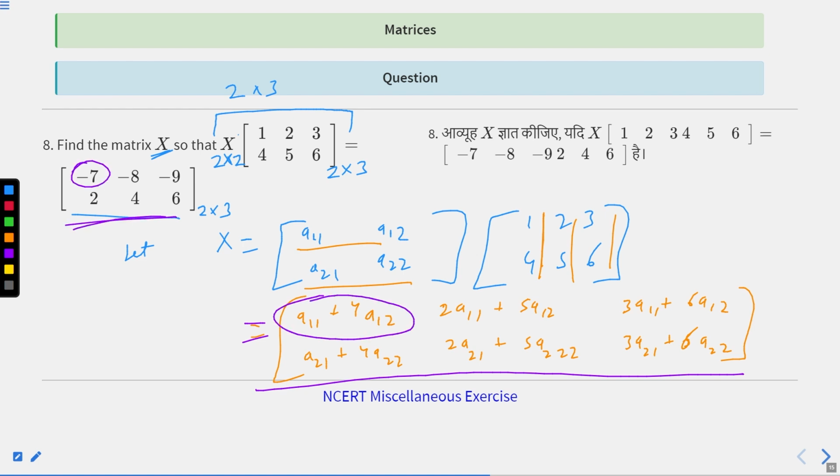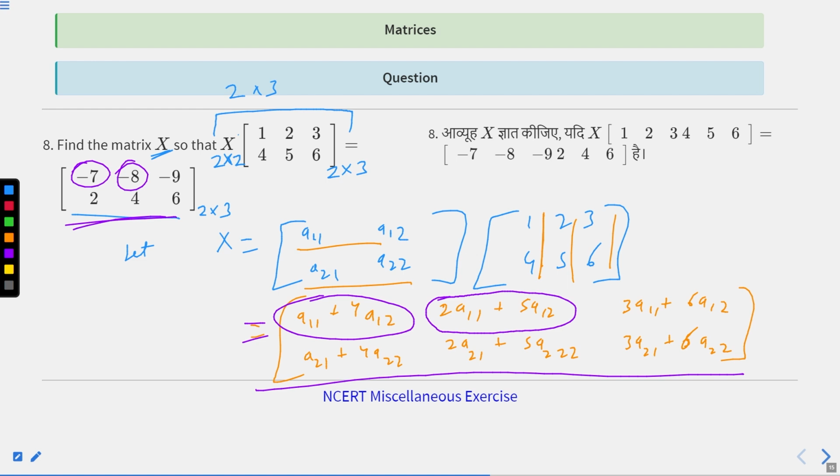We know this matrix is equal to this matrix, so each entry is the same as the corresponding entry. We will compare and we will get our answer.